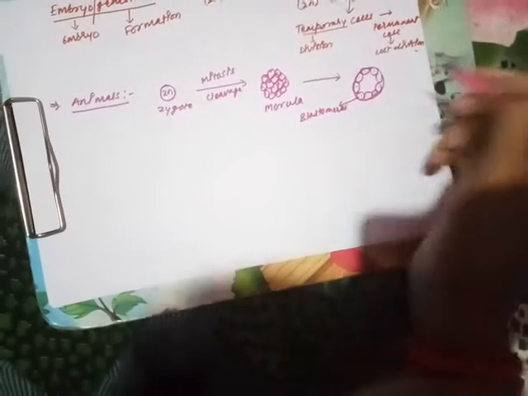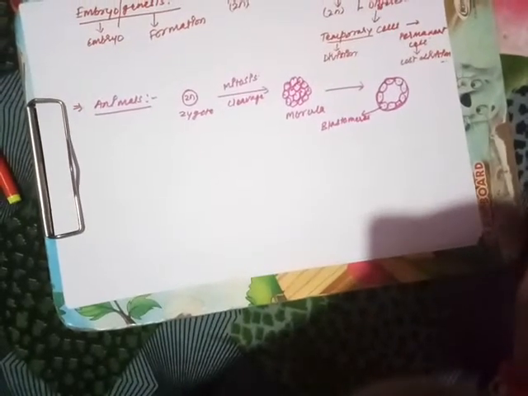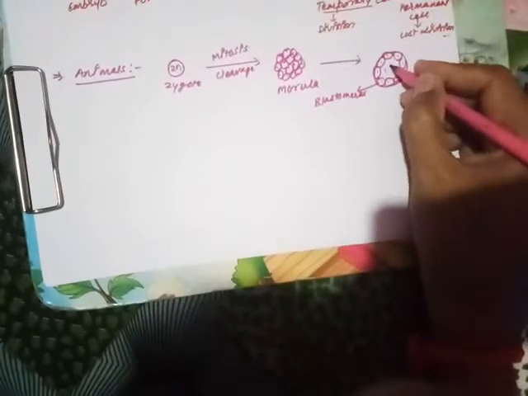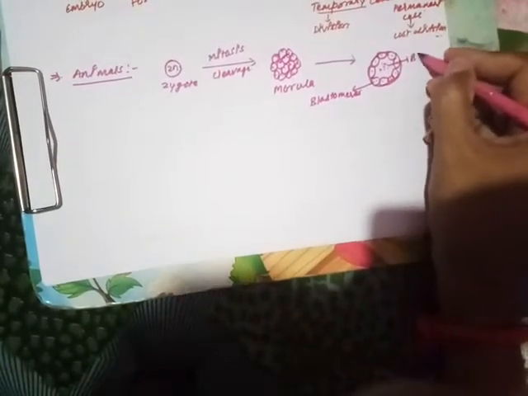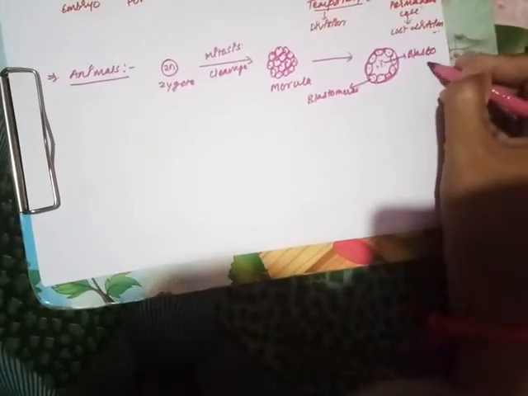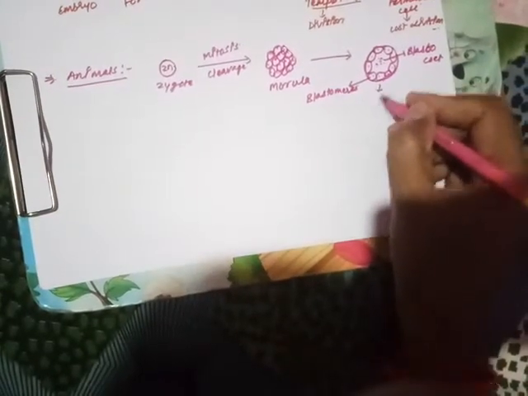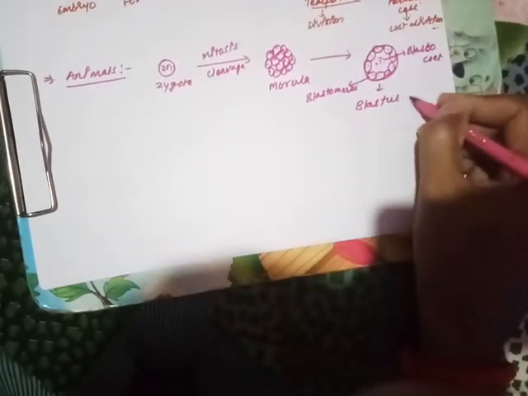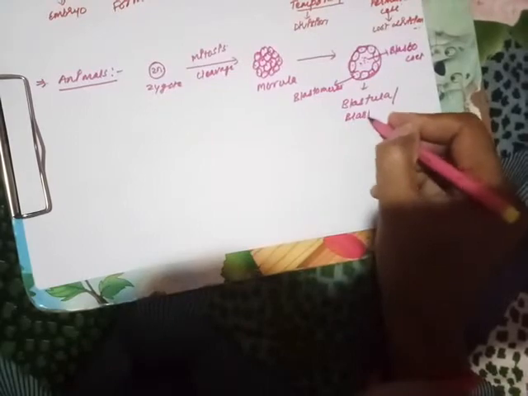Last year we went through these structures and concepts. The blast cells are the cells which are able to generate new structures. The cavity present inside is now known as the blastocoel, and the structure formed here is called the blastula. In humans this is referred to as the blastocyst.